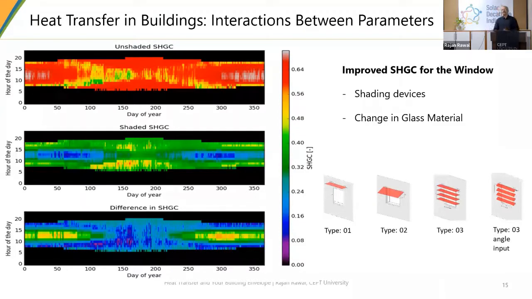As you can see, that has very much been achieved during the summertime when you have a simple horizontal overhang. Now, if you can correlate this with the sunpath diagram, why do you have a maximum impact of horizontal shade during the summertime? If you start investigating, you will realize that during the summer in India, and especially in places like Ahmedabad, this is a graph from Ahmedabad, your altitude of sun is much higher.